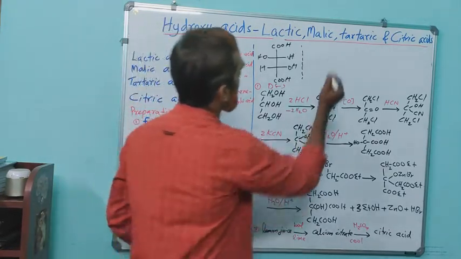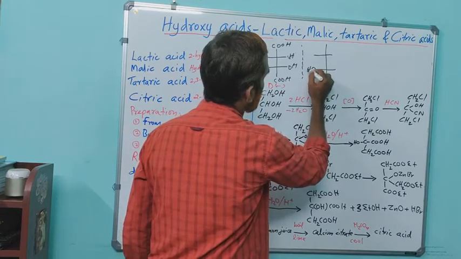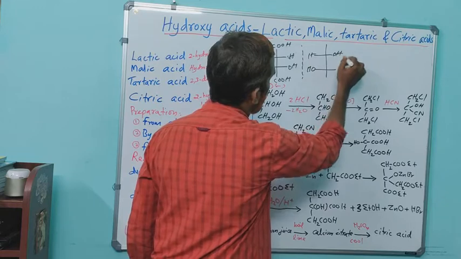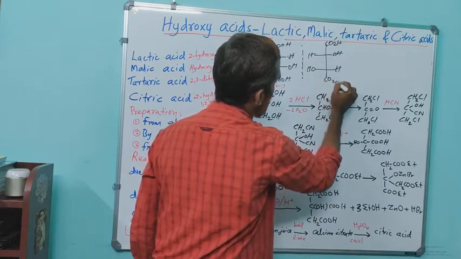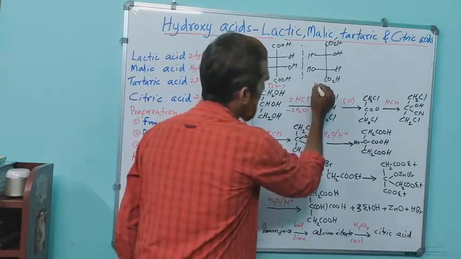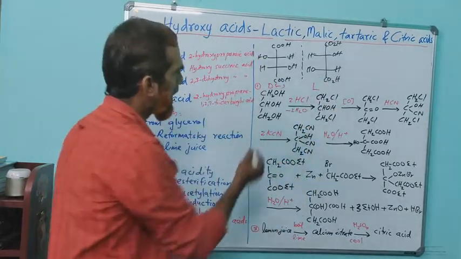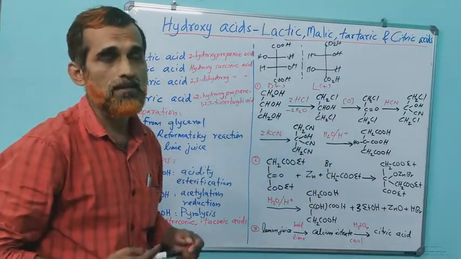So we can draw that structure, the mirror image, OH, H, like this, CO2H, CO2H. So this is the L form, right? And it is dextro. And one more form, what is that?